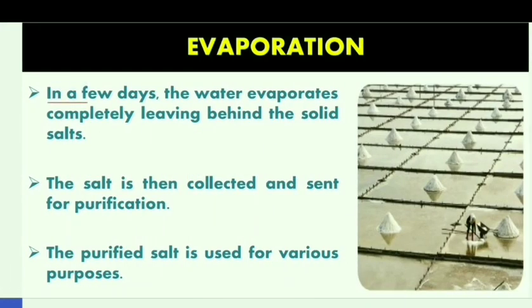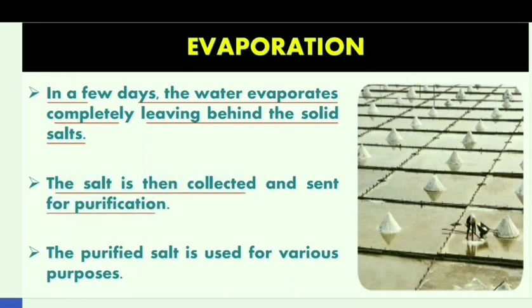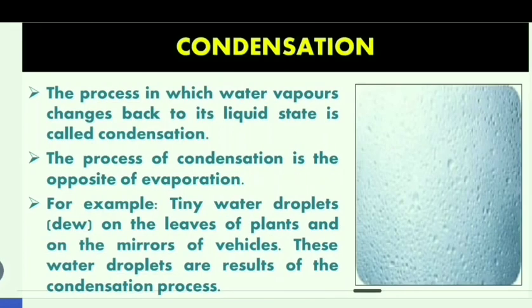So in a few days, the water evaporates completely, leaving behind the solid salts. Then the salt is collected and sent for purification. And this purified salt is used for various purposes. I hope now evaporation method is clear.